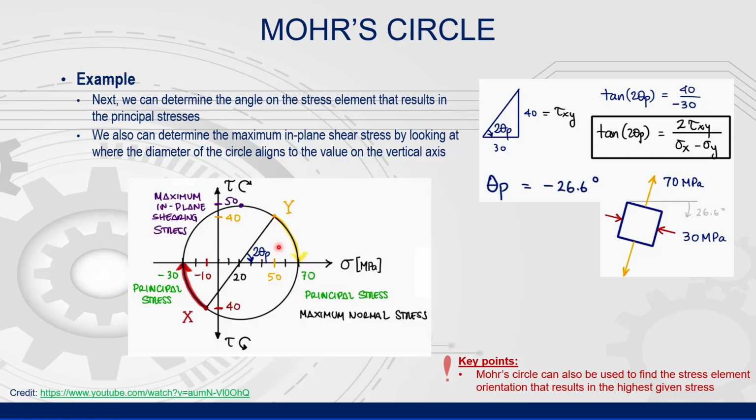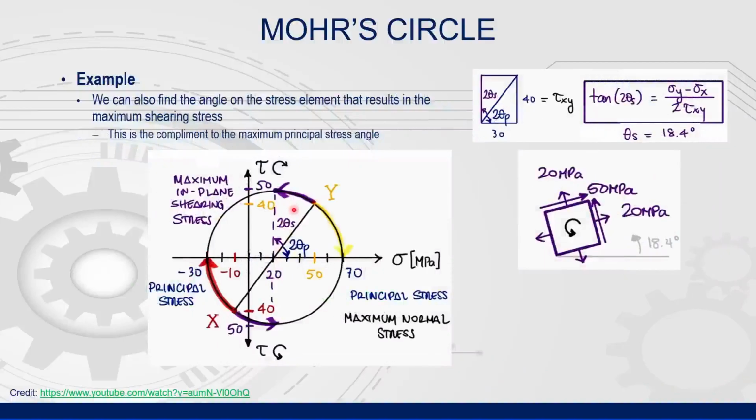Thus, you have to divide it by 2. While of academic interest, there is very little that we will use the orientation angle for in our stress analysis. The angle that is complementary to the principal stress angle tells us the maximum shear stress angle. Again, it is 2x the actual stress element value on the graph.